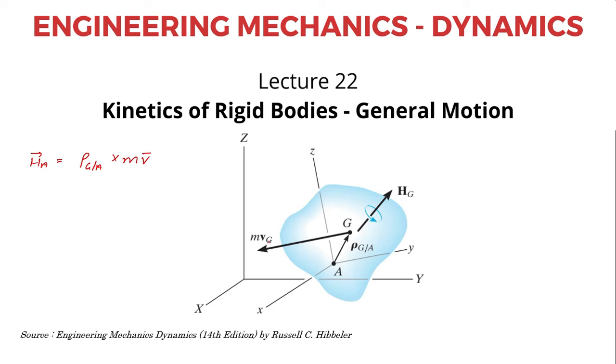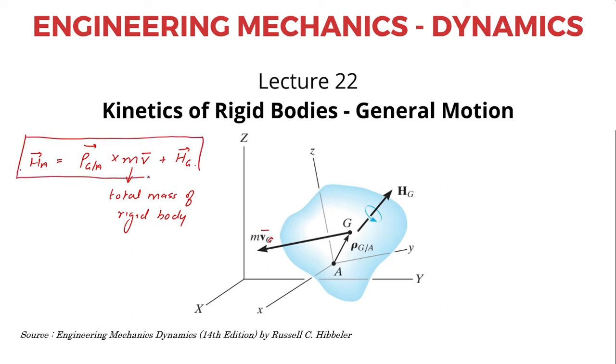Here it is given as V_G or V bar, both are the same thing, plus H_G, where m is the total mass of the rigid body. This is a vector and this is a vector. So this equation you will have to remember, the transfer principle. I can transfer the angular momentum from the mass center to any other arbitrary point here.